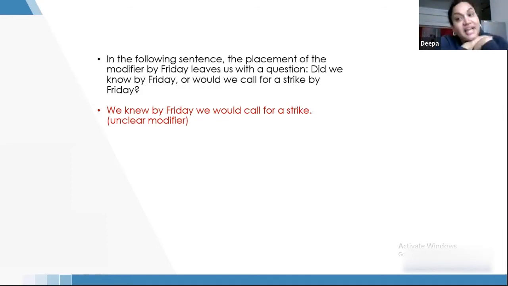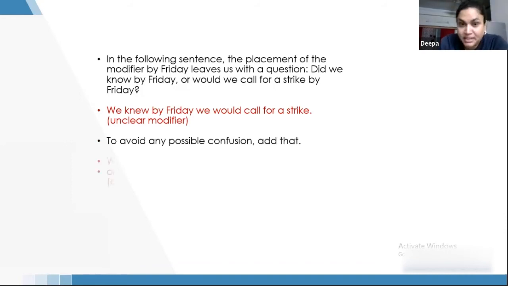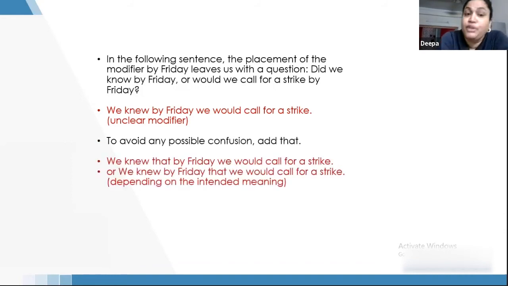So therefore, it is unclear. We knew that by Friday what? So therefore, to avoid any possible confusion, add that. We knew that by Friday, we would call for a strike. This is more clear. Or we knew by Friday that we would call for a strike. Both of them make sense.